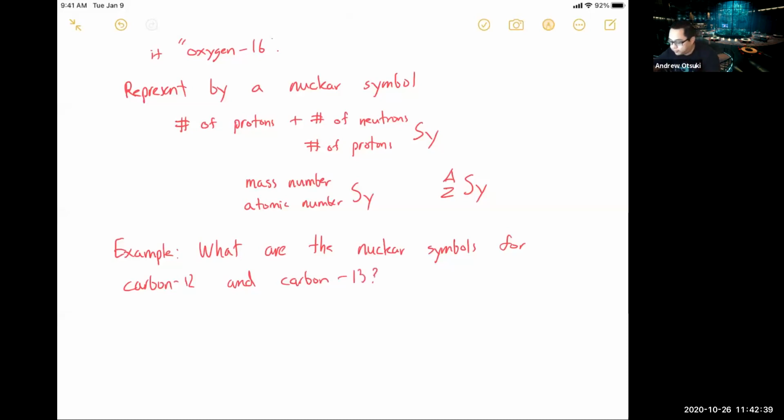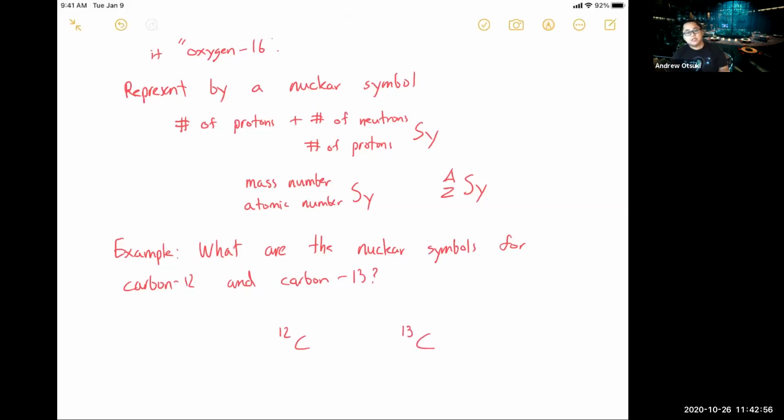So we can list out our symbols here. We have carbon here, carbon here. We know that carbon 12 has 12 as the mass number, so we put the mass number on top. And then carbon 13, the 13 is at the top.